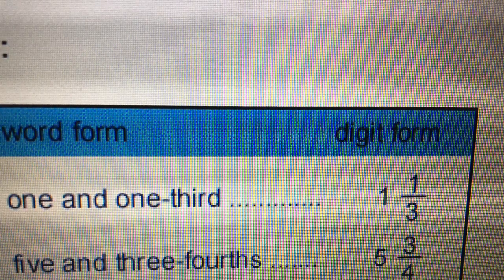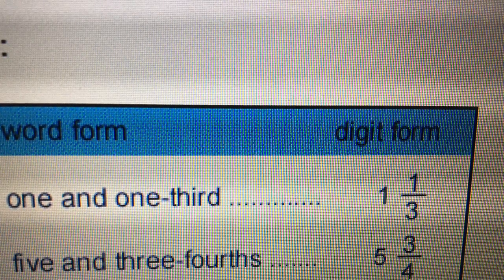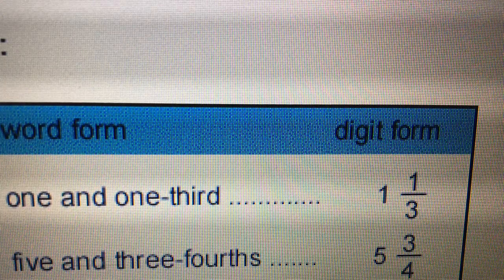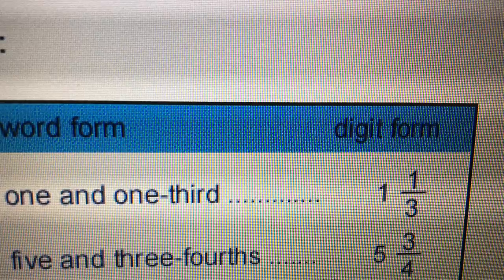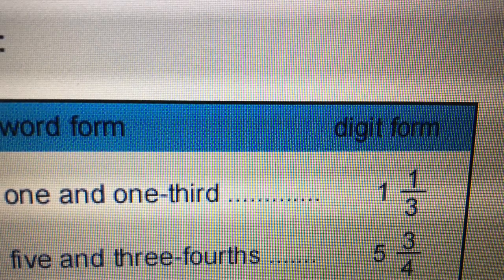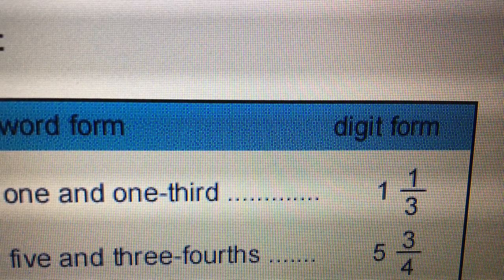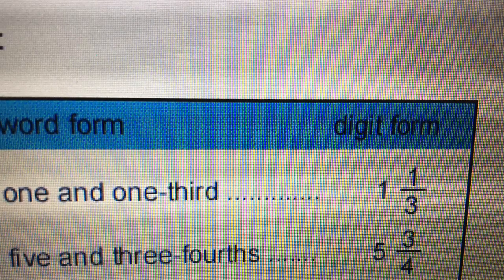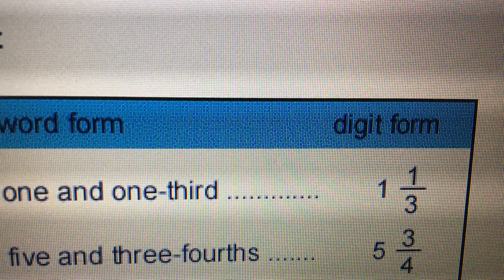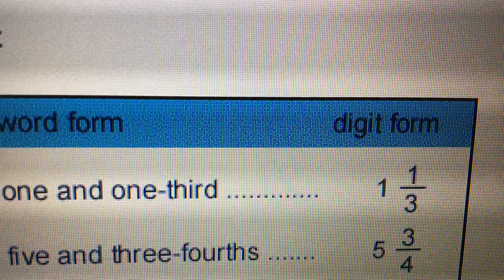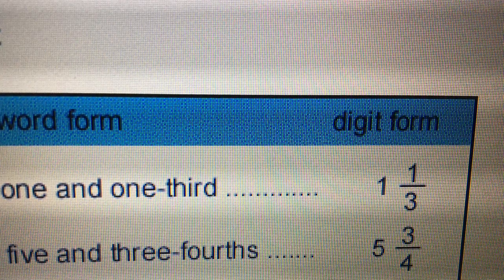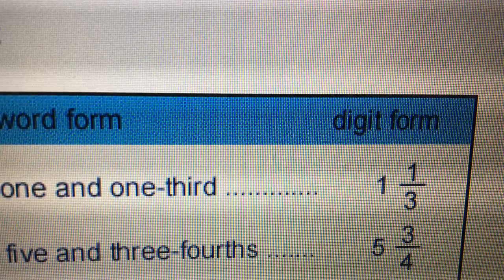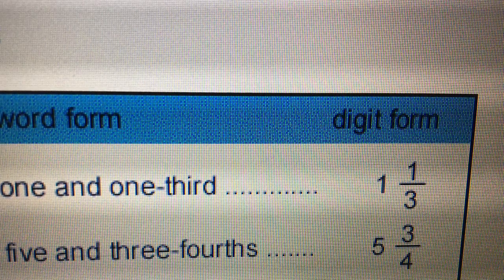So we have 1 and 1/3 is written with a big 1 and then the fraction 1/3. 5 and 3/4 is written with 5 and then the fraction 3/4. Notice that hyphen in there, one of our vocabulary words, hyphen. That little line between the two words to make the fraction word.